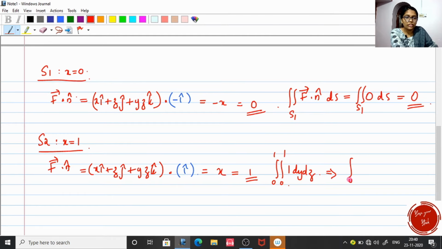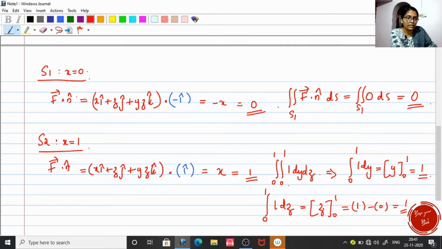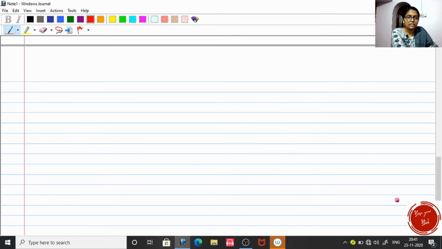Let's do 0 to 1 dy first. It is simply y in the limit 0 to 1 and the value is 1 minus 0, which is 1. Again, let's do the outer integration, that is 0 to 1 dz. So, it is z in the limit 0 to 1, that is 1 minus 0, it is 1 again. Okay. So, the value is 1.